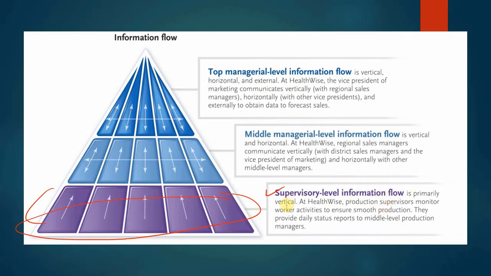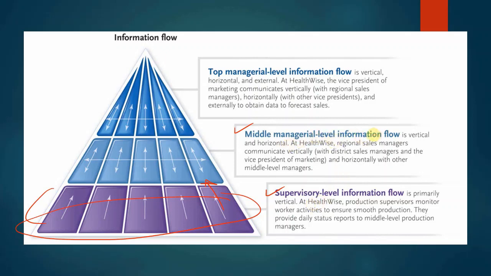It is primarily vertical. At HealthWise, production supervisors monitor worker activities to ensure smooth production. They provide daily status reports to middle level production managers. So information is being gathered, and then they push this information up to middle managers.